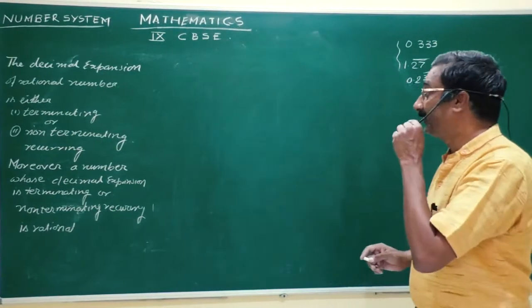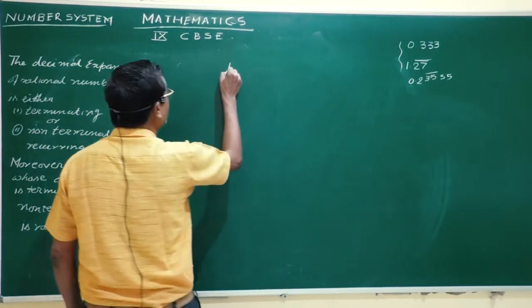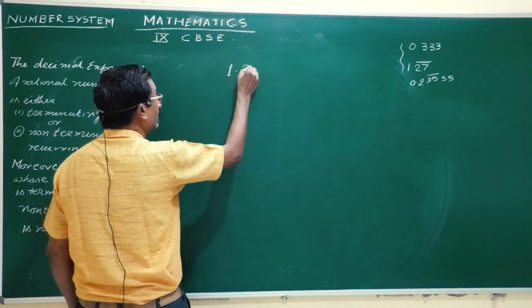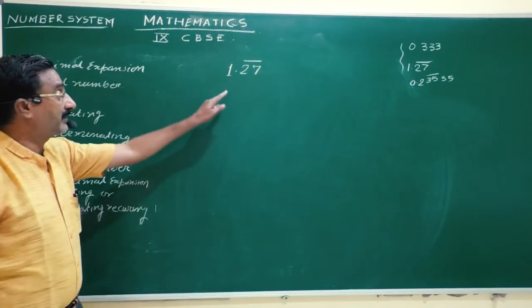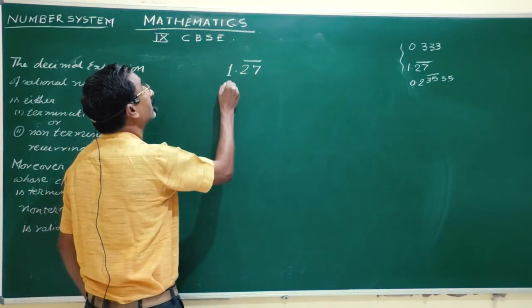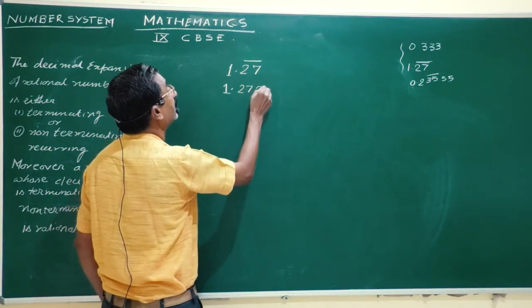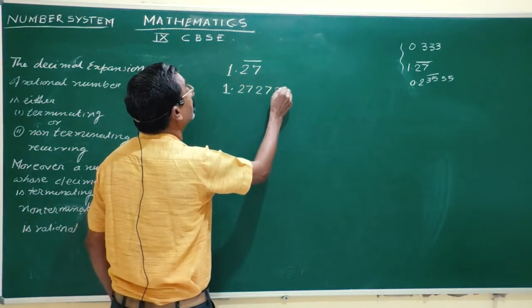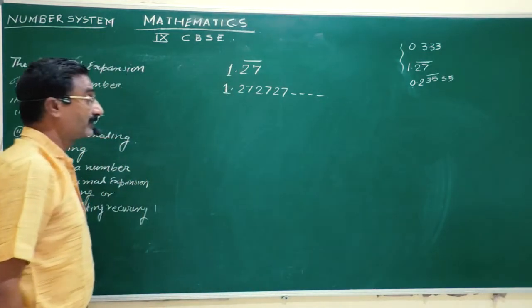Now rationalization of 1.27 bar. Here the bar is on 2 and 7. It means this will be written like this, 1.27, 27, 27 and so on. This is repetitive in nature.